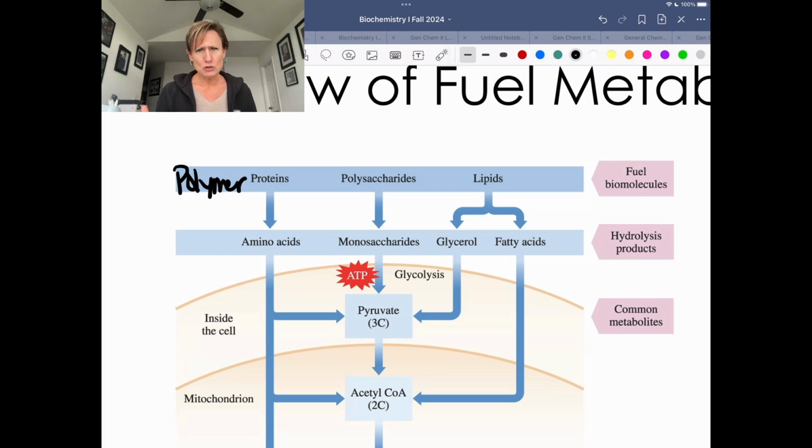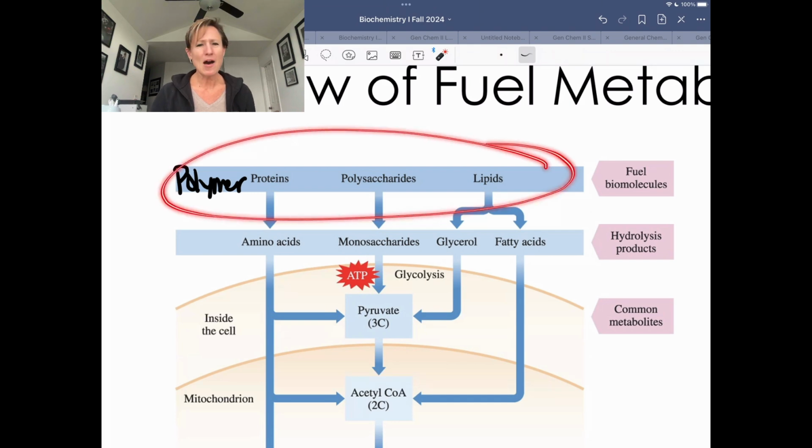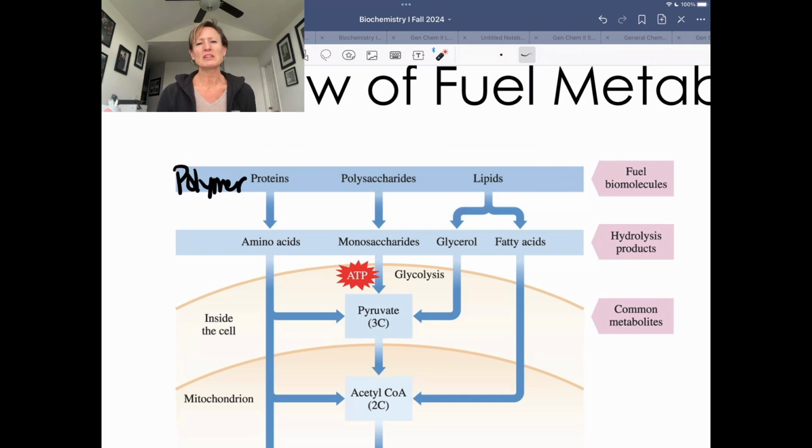And the other true polymer that we learned about was nucleic acids built from nucleotides hooked together by phosphodiester bonds. Well, you'll notice that that polymer is not listed here, and that's because we really don't consider nucleic acids as a fuel. The other molecule that we absolutely consider as fuel are lipids, and that's not really a polymer, but we do consider a linkage.